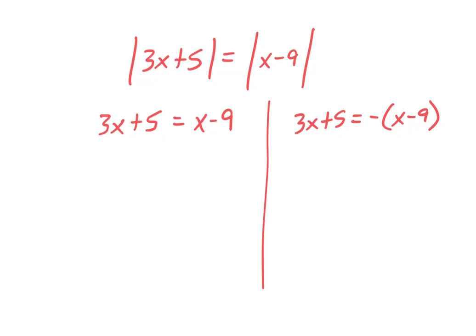So now we're going to solve these two. We're going to subtract x. If I move my x's to the left, I'm going to move my numbers to the right. And we're going to divide by 2.